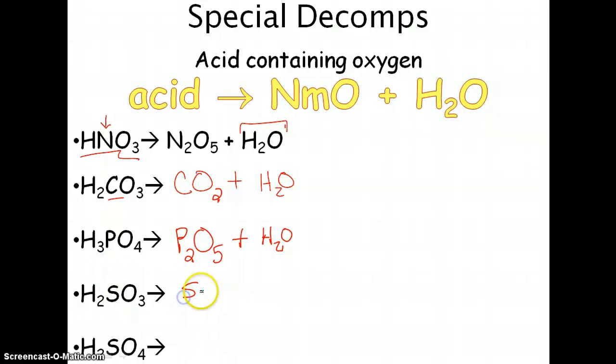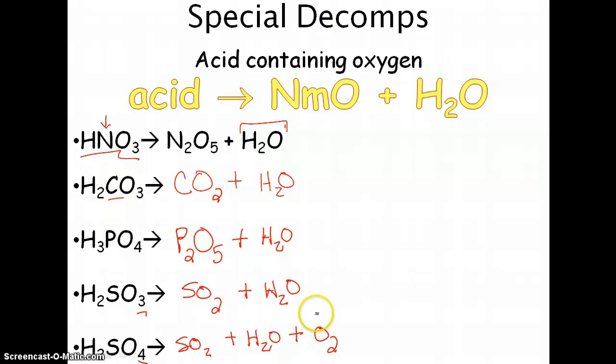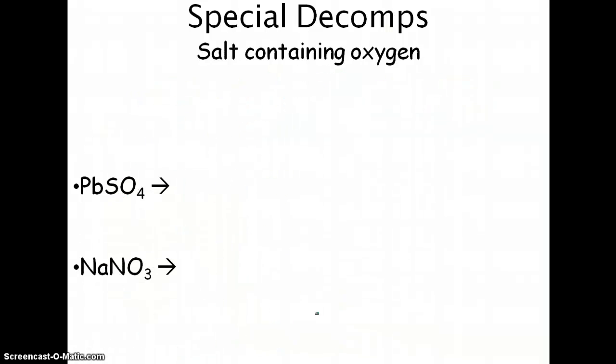Sulfurous acid breaks into SO2 and H2O. Okay, and then this last one, it's very similar to this one, except we have an extra oxygen, and you're going to see that the reaction itself is actually very similar. So we produce the sulfur dioxide, the water, and one other product, which is, you guessed it, oxygen gas. Okay, so these are some that you just have to practice, you have to get better at, you kind of have to memorize what's going on.